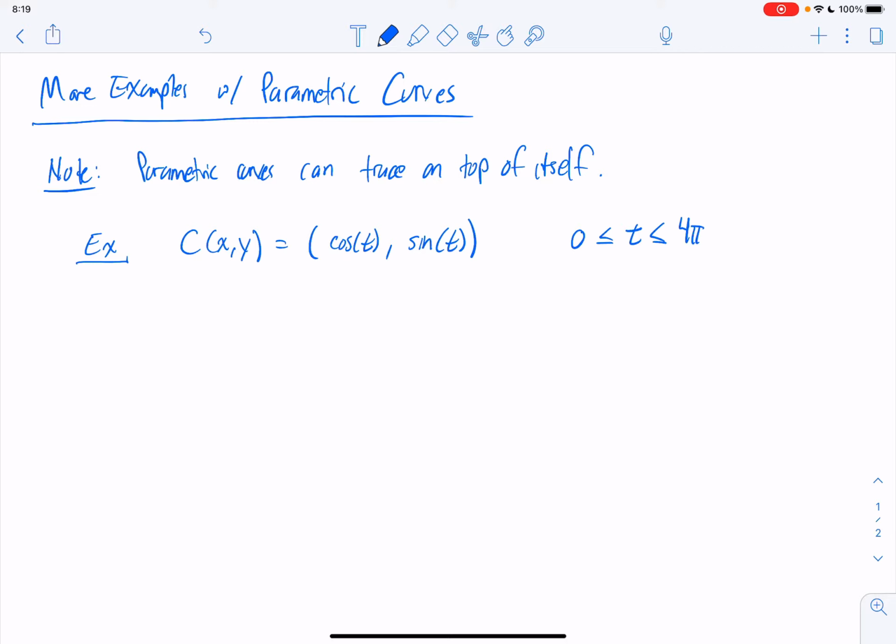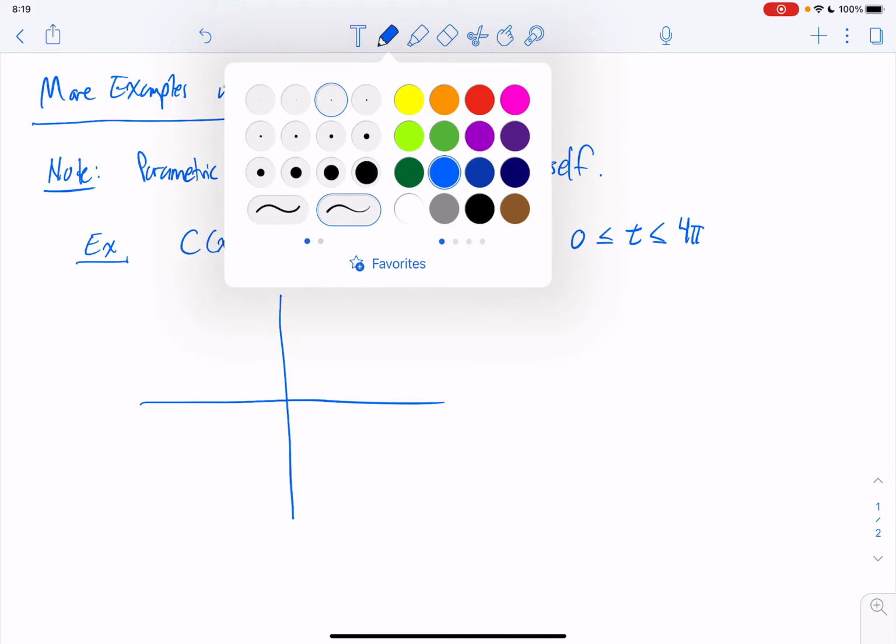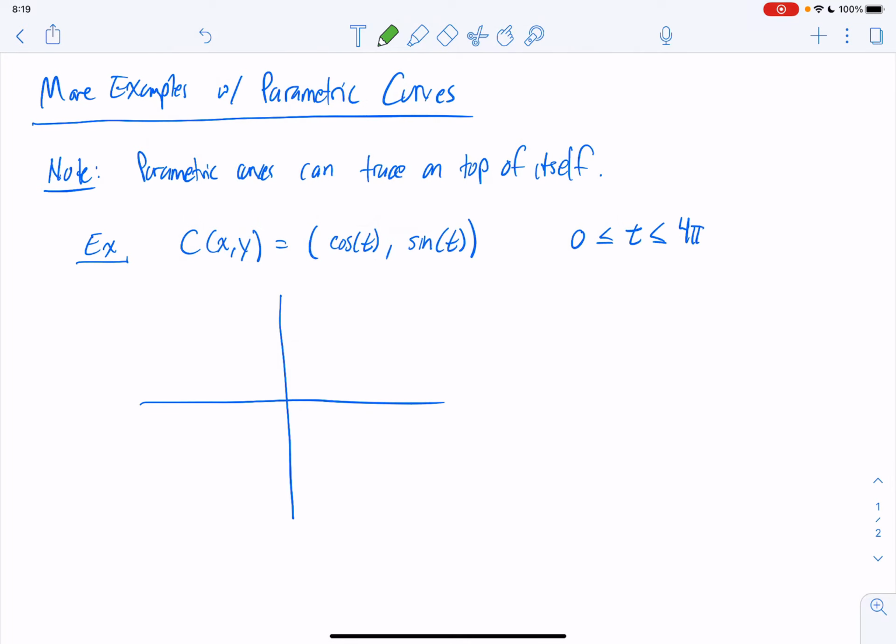What we saw yesterday was that from 0 to 2 pi, that is half of this parameter's domain, this parametric curve traced out a unit circle in the counterclockwise manner. So the whole point here is that as long as t is running between 0 and 2 pi, I'm going to start off at 1 here, and I'm going to move around in a counterclockwise manner and get back to where I started.